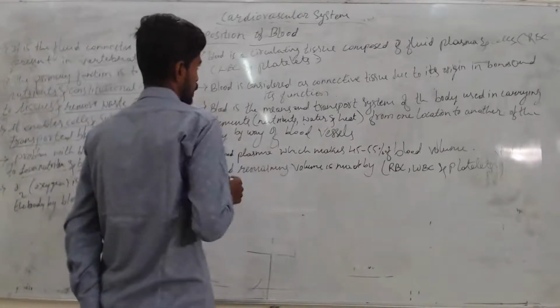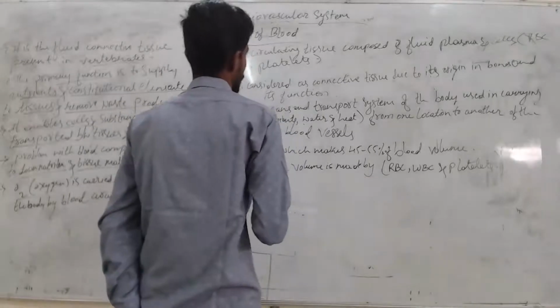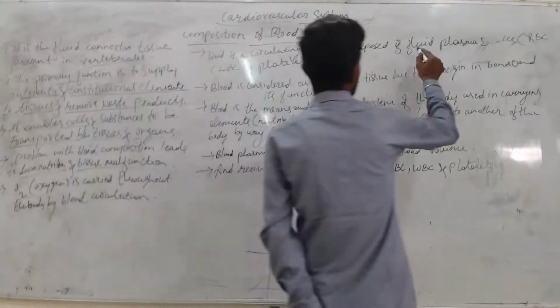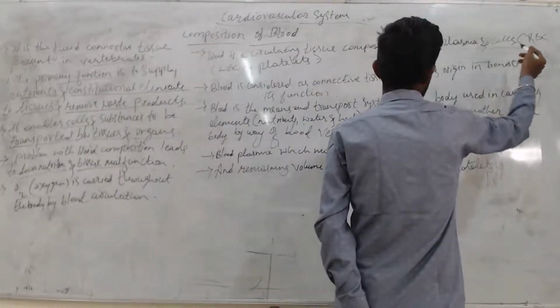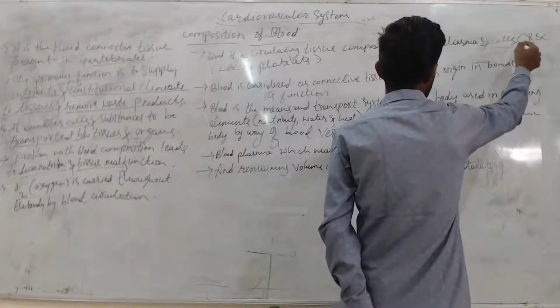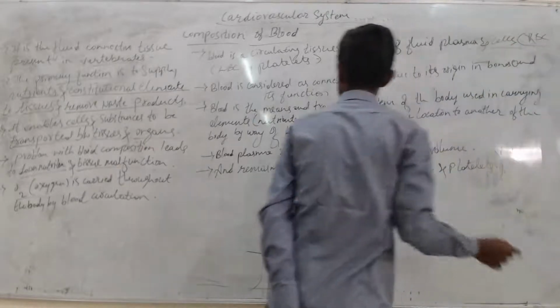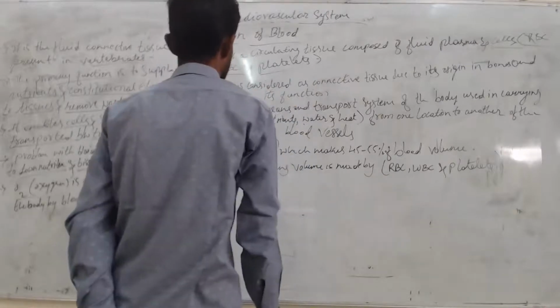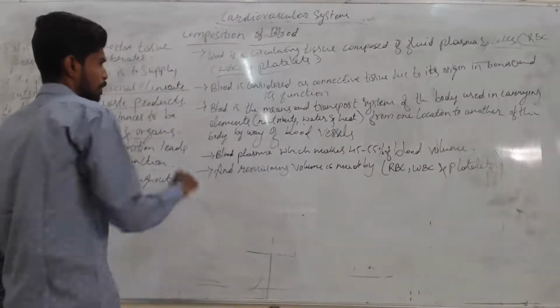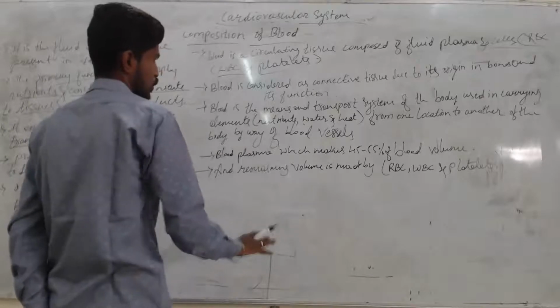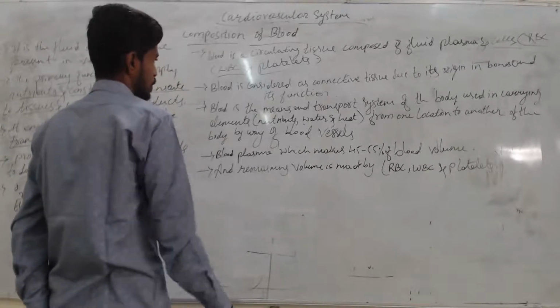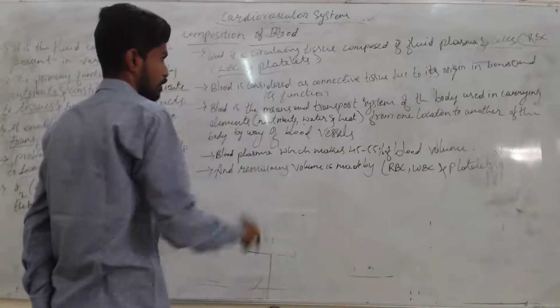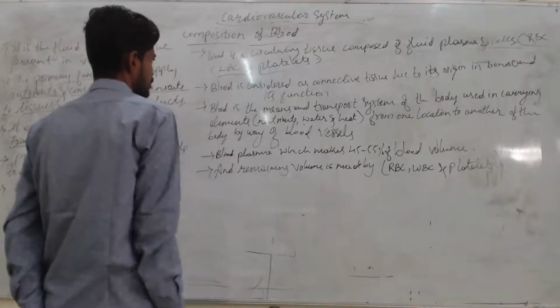Blood is a circulating tissue composed of fluid plasma and the cells, which involve RBC, WBC, platelets: red blood cells, white blood cells, and platelets. Blood is considered a connective tissue due to its origin in bone and its function.